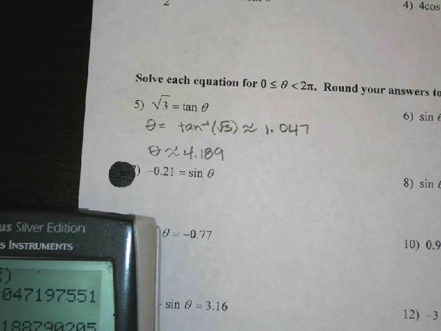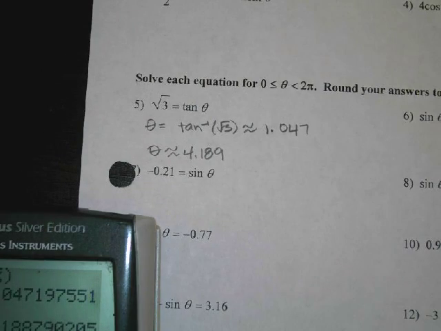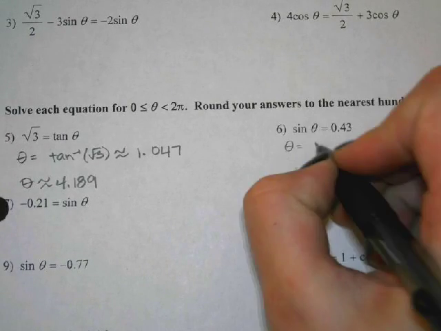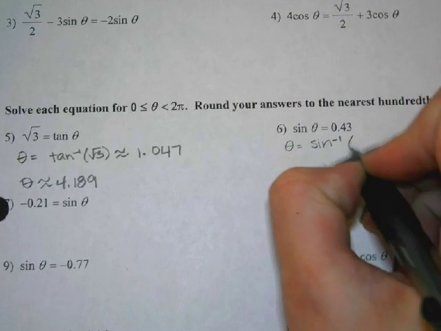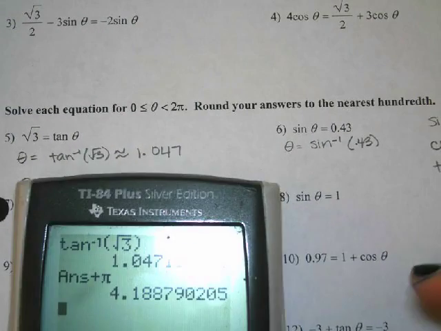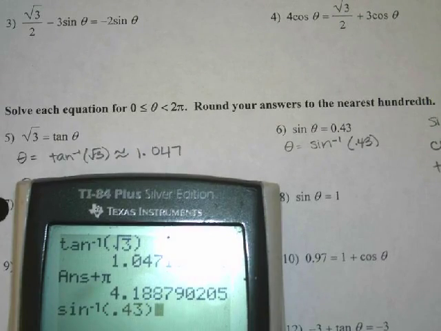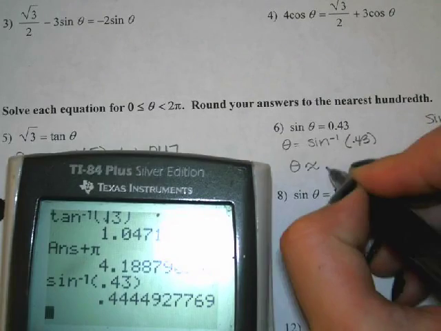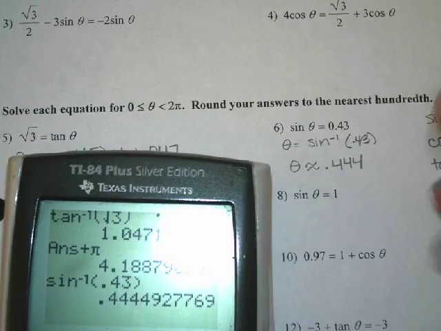All right. What should we do for the next one? Yeah, sine inverse to get theta all by itself. So my first answer is going to come from the calculator when I do sine inverse of 0.43. And so my first answer is 0.444.